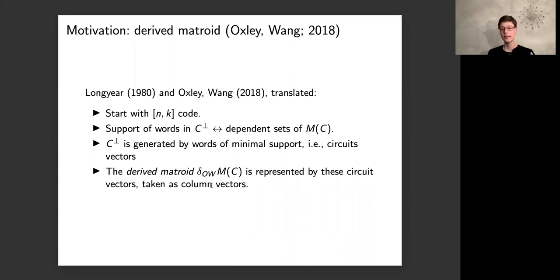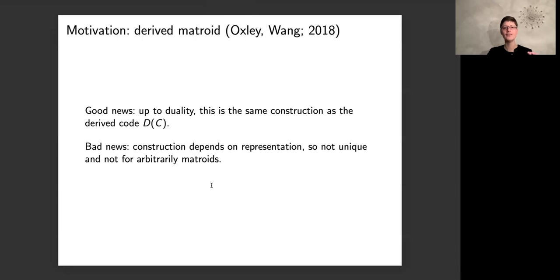So in fact, this construction feels a bit more natural. You don't have to do all these geometry things with the lines and the points and the arrangements and stuff like that. But what happens underneath is that this is actually the same construction as the derived code, up to duality, because what the derived code does is it looks at hyperplanes and dependencies between them.